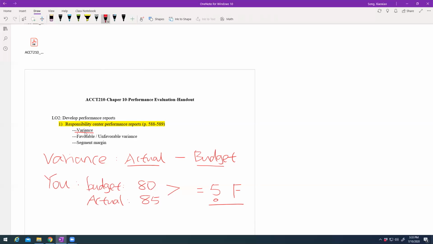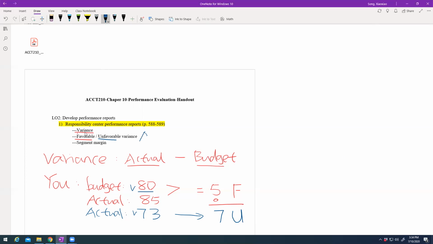On the other side, if your budget is to get 80, but your actual is you only get 73, in this situation your variance will be 7, and it's unfavorable. So whenever you talk about variance, you have to tell me whether it's favorable or unfavorable.